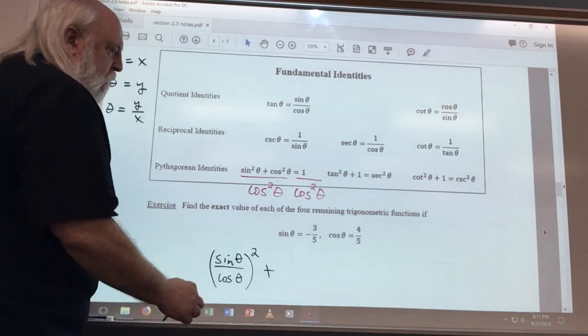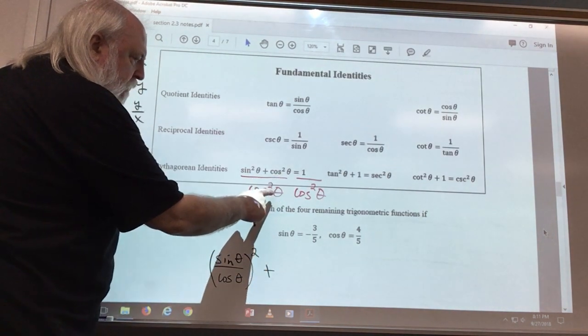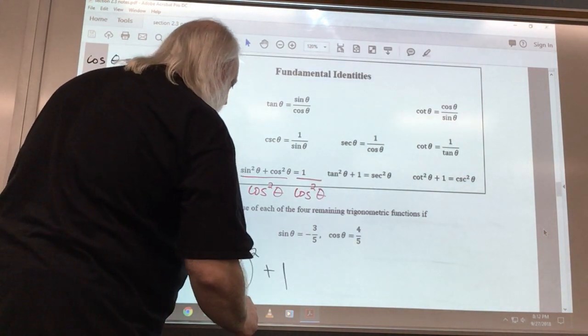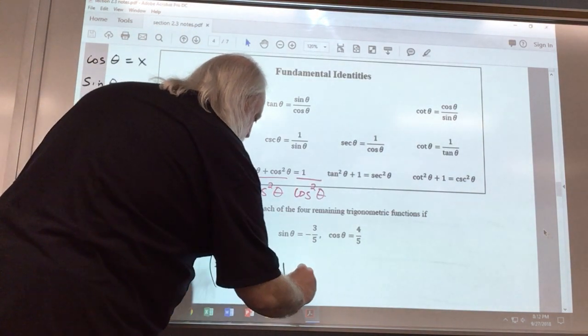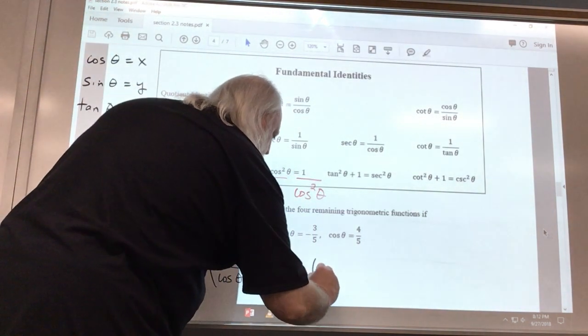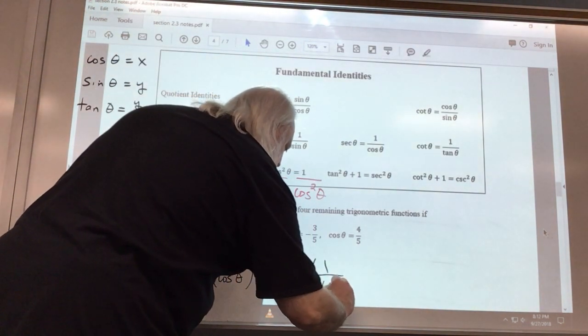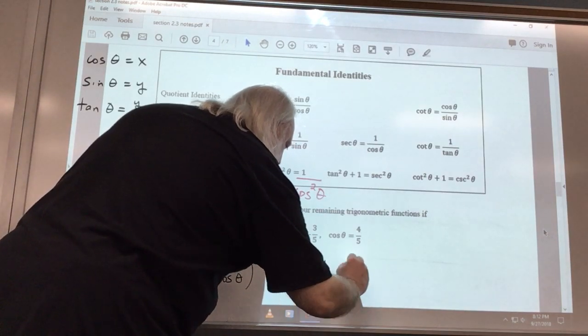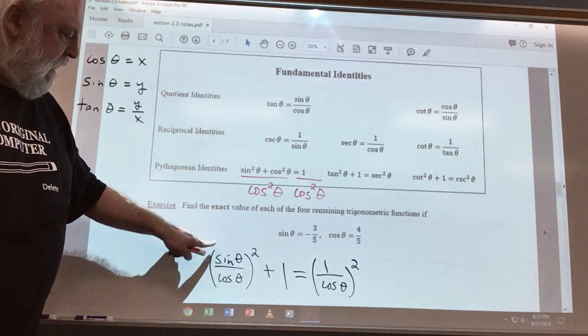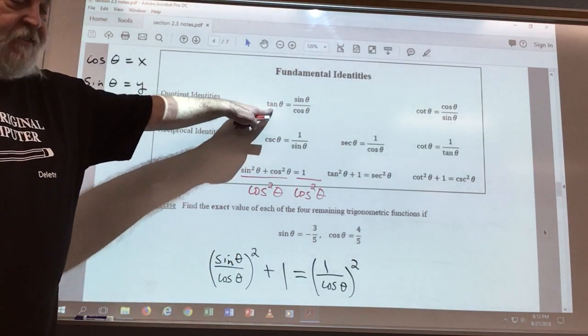And then cosine squared divided by cosine squared is 1. And then 1 over cosine squared can be written as 1 over cosine quantity squared. Well, then from up above, you know sine over cosine is equal to tangent.